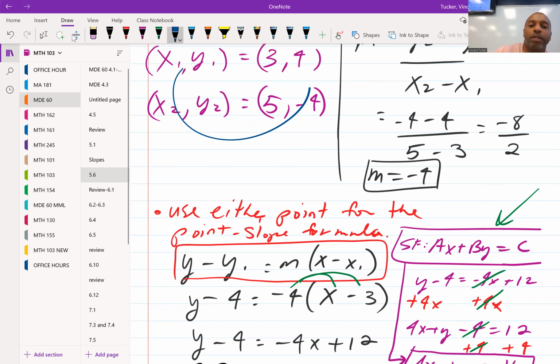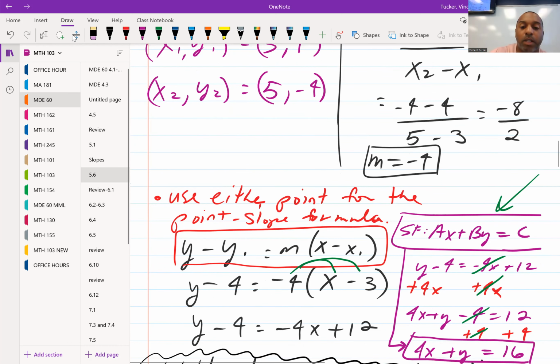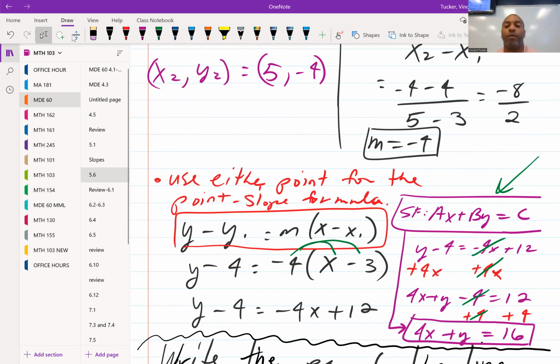Once again, I just stuck with what I've already called x1, y1, so I just used (3, 4). All right, so plugging in -4 for m for our slope, then 4 for y1, 3 for x1. Then distribute that -4. So I have y minus 4 equal to -4x plus 3.